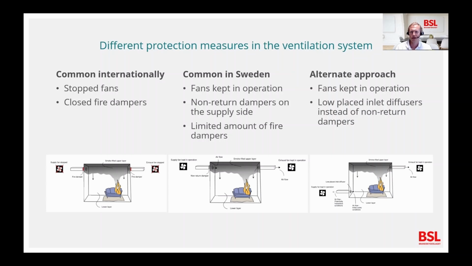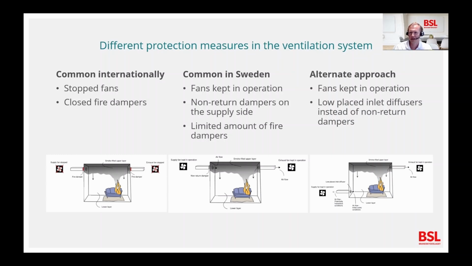A common way internationally to protect from smoke and fire spread through the ventilation system is by stopping the fans and closing fire dampers to each fire compartment. This is an effective method, but it's also quite expensive. In Sweden, we have the possibility to use performance-based design when designing the protection against smoke spread through the ventilation system.